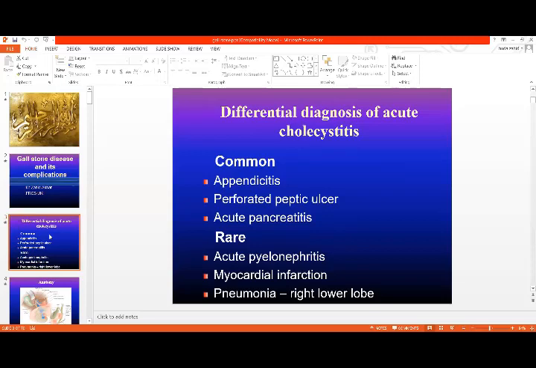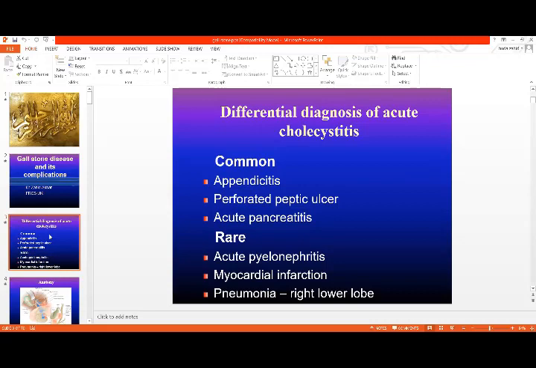Sometimes you get radiated pain on the right side, or in high appendicitis. As you know, appendicitis pain starts in the periumbilical region and then shifts to the right iliac fossa, but it can be in that region as well. The other thing is perforated duodenal ulcer and acute pain.